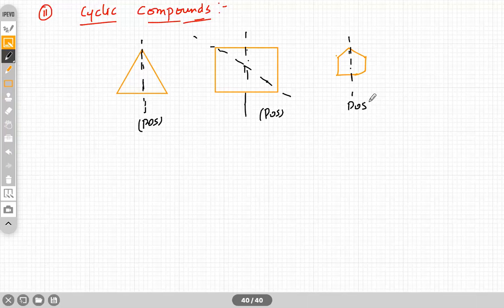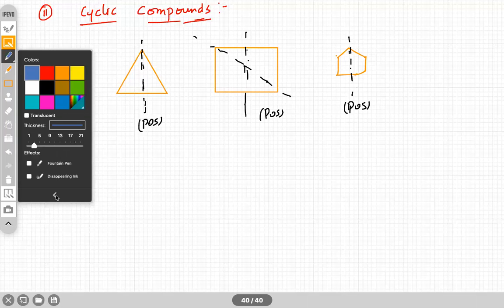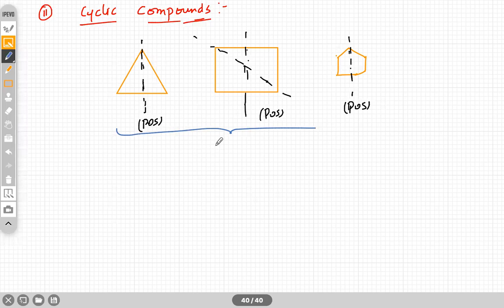So all these are examples of unsubstituted cyclic compounds. So for unsubstituted cyclic compounds, there is no doubt about the plane of symmetry.